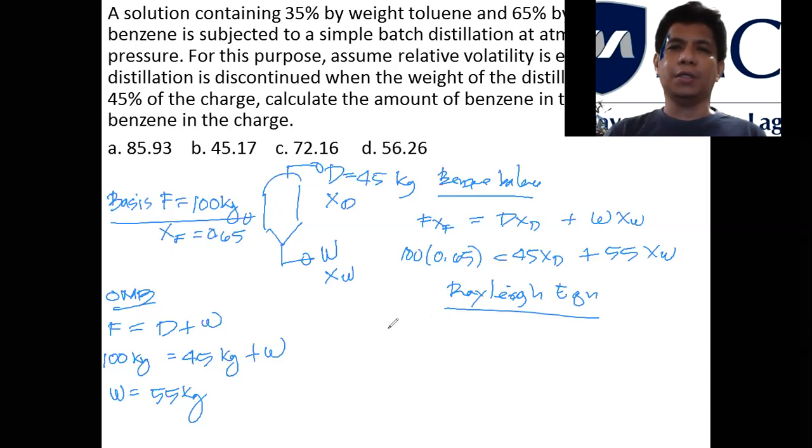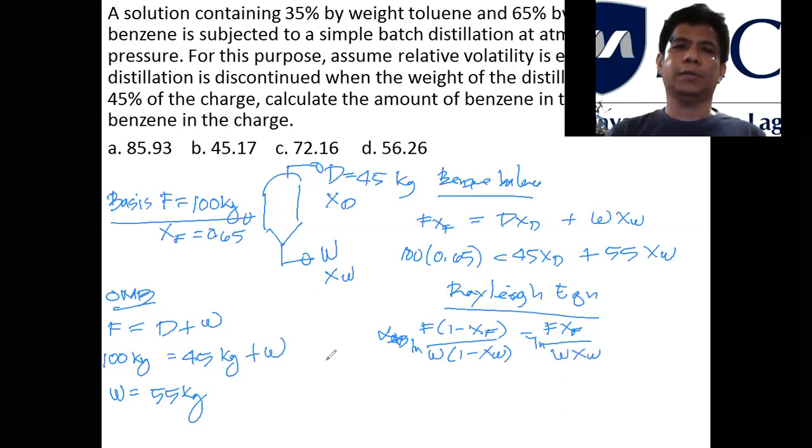So the Rayleigh equation is alpha AB times ln of F(1 minus XF) over W(1 minus XW), equals ln of FXF divided by WXW.